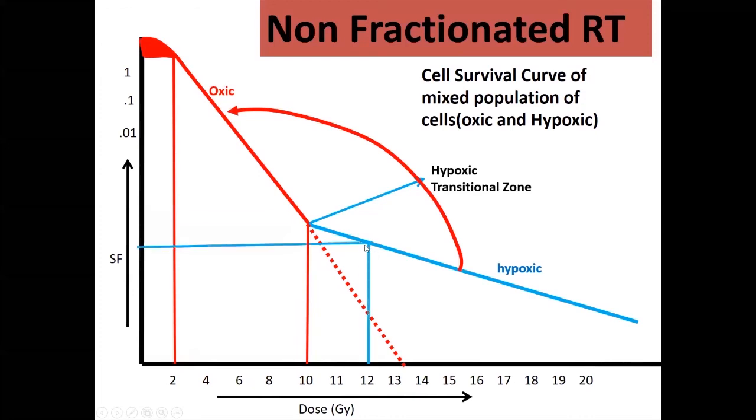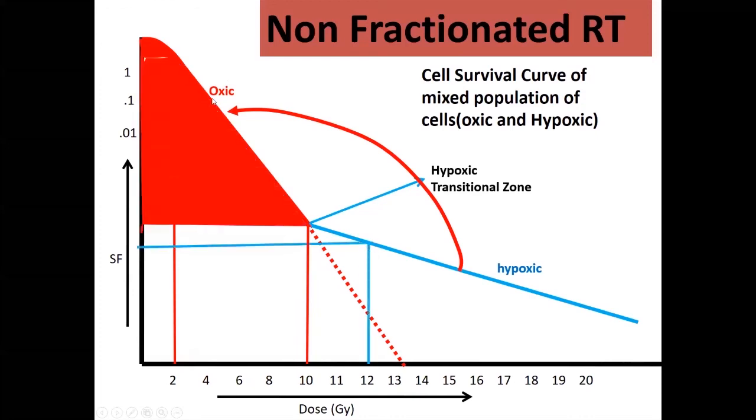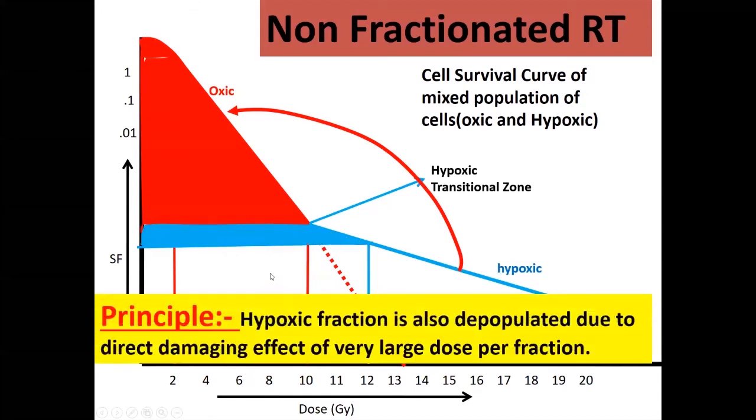Now 12 gray will not only depopulate the oxic cells, but also the hypoxic cells. So there is a direct damaging effect of the high dose of radiation delivered in non-fractionated radiotherapy on hypoxic cells. And this is the second method by which we overcome the problem of hypoxia in non-fractionated radiotherapy.